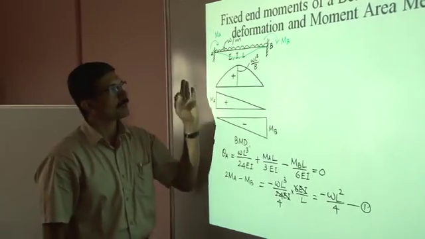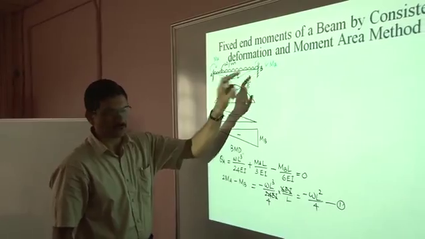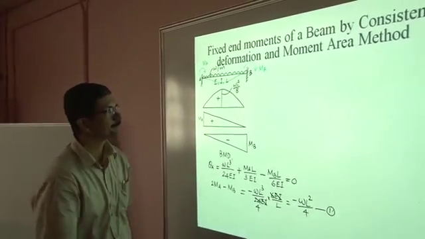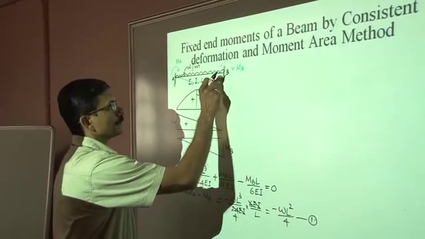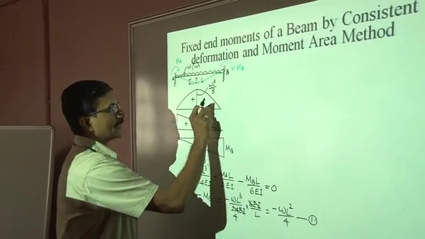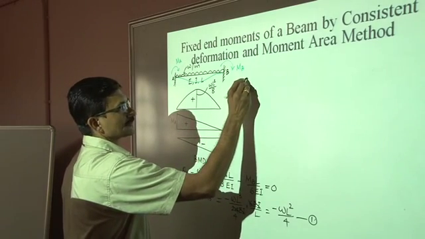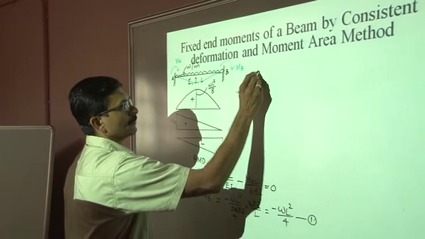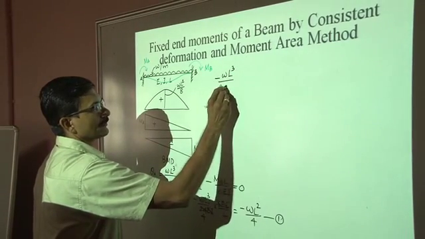Similarly, the condition at this support is slope here is equal to 0. If we exploit that, the rotation here due to this loading would be anti-clockwise, minus W L cube divided by 24 EI.